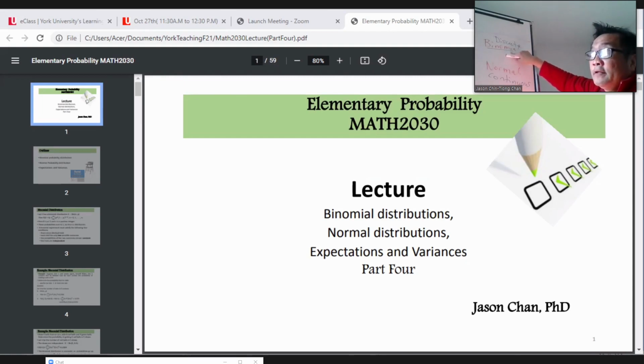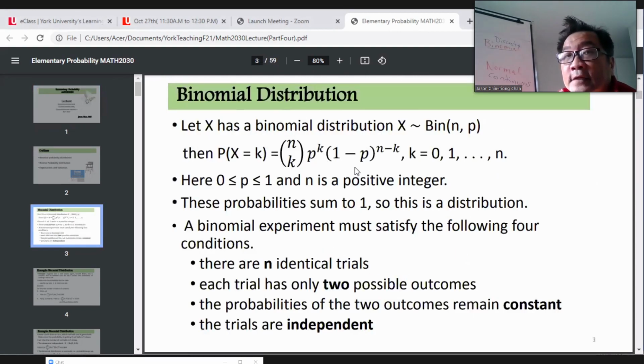This one we got a formula. Can you see the formula on this page? So let's say x equal to 1, you use the formula. If the question asks you x less than or equal to 1, that means x should be what?